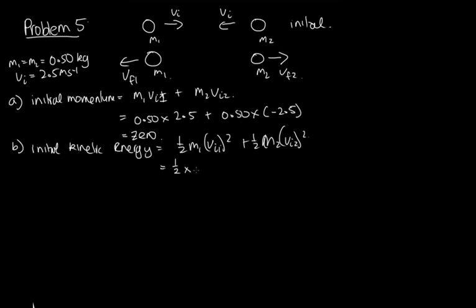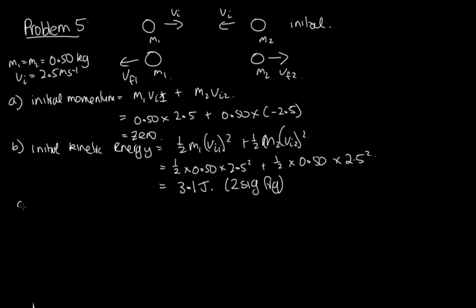So we've got a half times 0.50 times 2.5 squared plus a half times 0.50 times 2.5 squared, and solving that one on the calculator we get 3.1 joules.